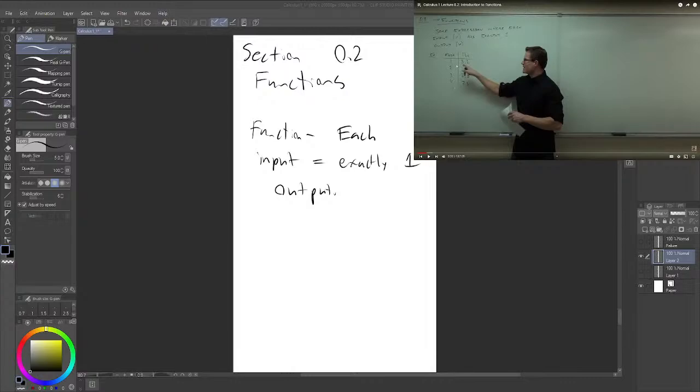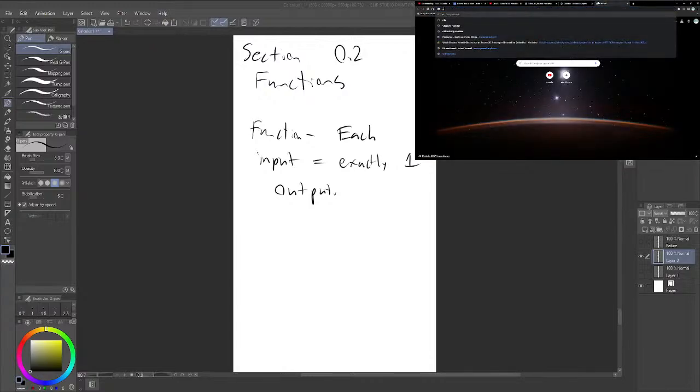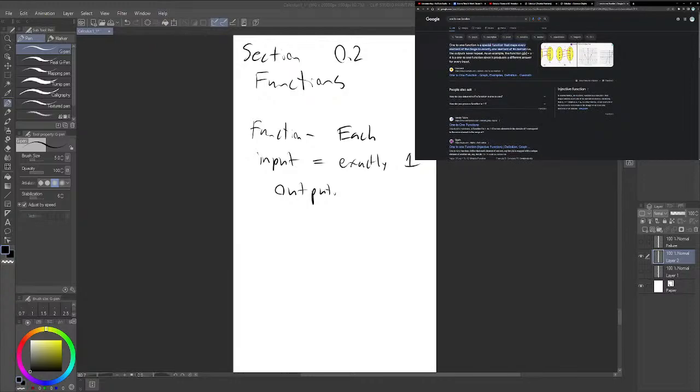Oh, so wait, it doesn't have to be unique. Oh, okay. Well, no, it does kind of though. Wait. Man, now I'm confused. What's a one-to-one function? One-to-one function is a special function that maps every element of the range to exactly one element of its domain.